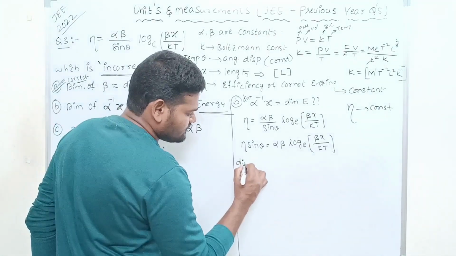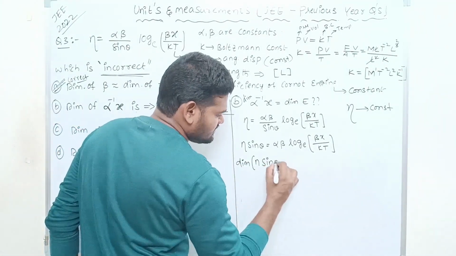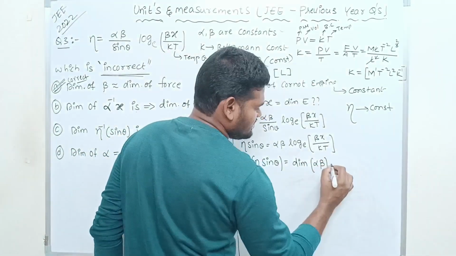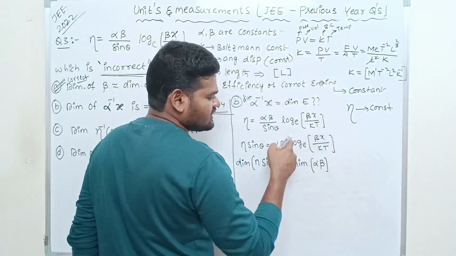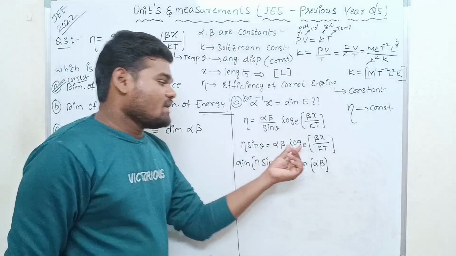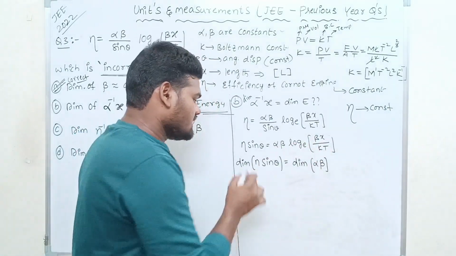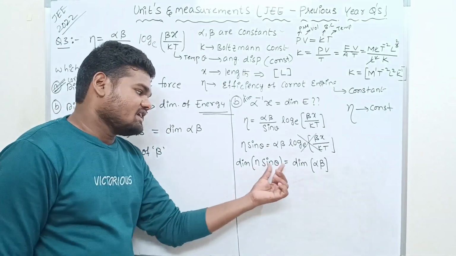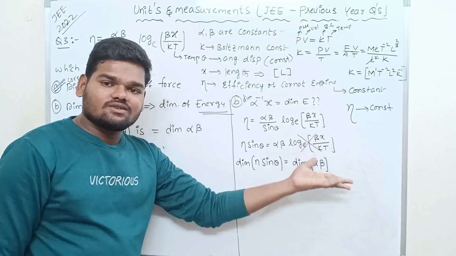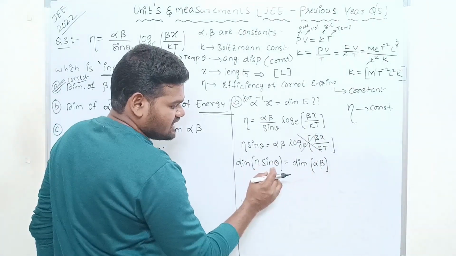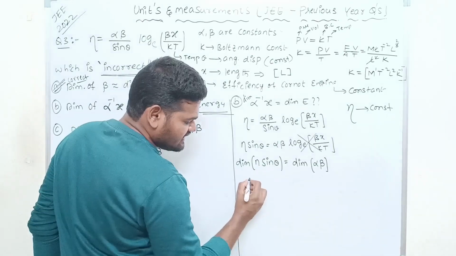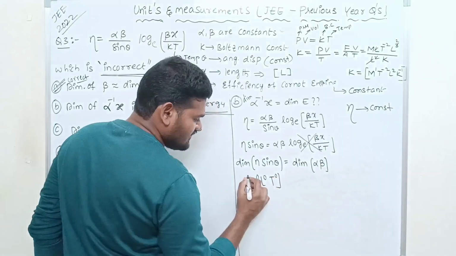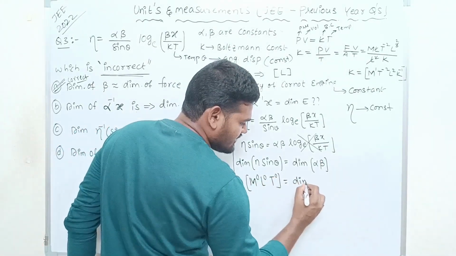The dimension of log of something, the dimension of a logarithm, is also not defined, it has no dimensional formula. So only the dimension of eta into sin theta is equal to the dimension of alpha beta. Eta is constant, sin theta is constant, so the dimension of eta into sin theta is M power 0, T power 0, L power 0.